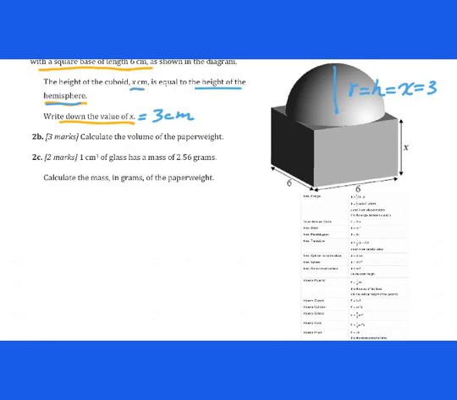From the IB booklet formula, the sphere volume is 4/3 pi r to the third power. Therefore, for 2b, you have volume equals 4/3 pi r to the third power. It's a hemisphere, so we take 1/2 of that. Then you add the volume of a cuboid, which is length times width times height.